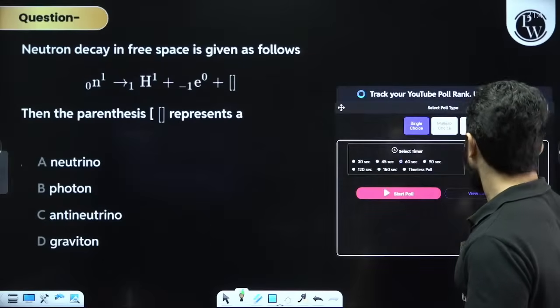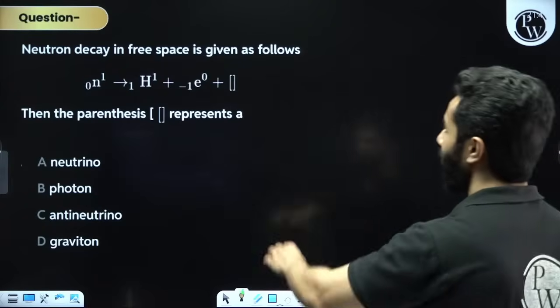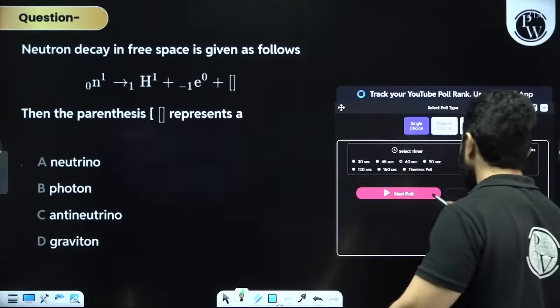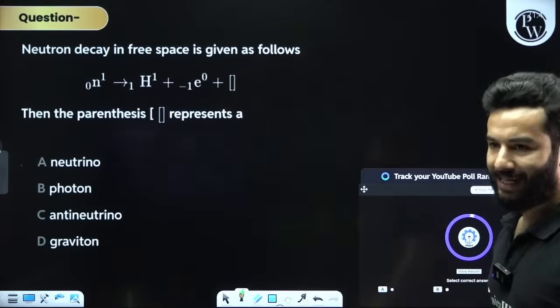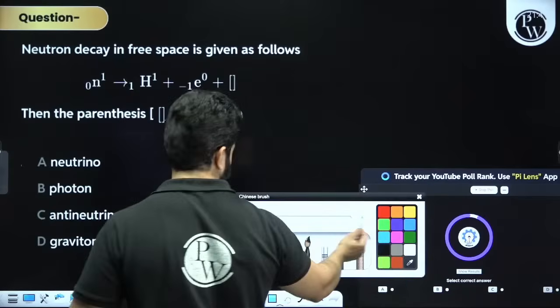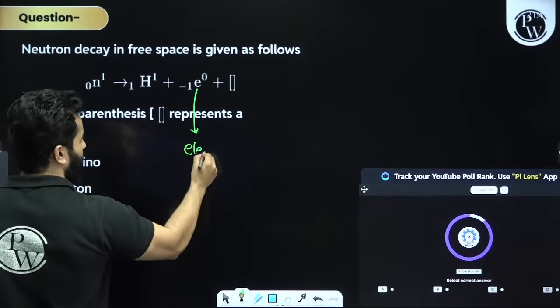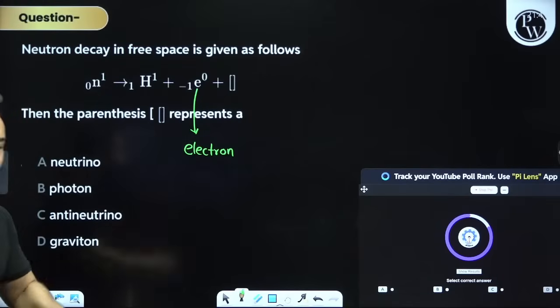Moving on, time poll is done. Neutron decay in free space is given as follows. Parenthesis basically means what is inside this bracket. Remember, this is an electron. If you have an electron, my dear friends, you will require one more particle.